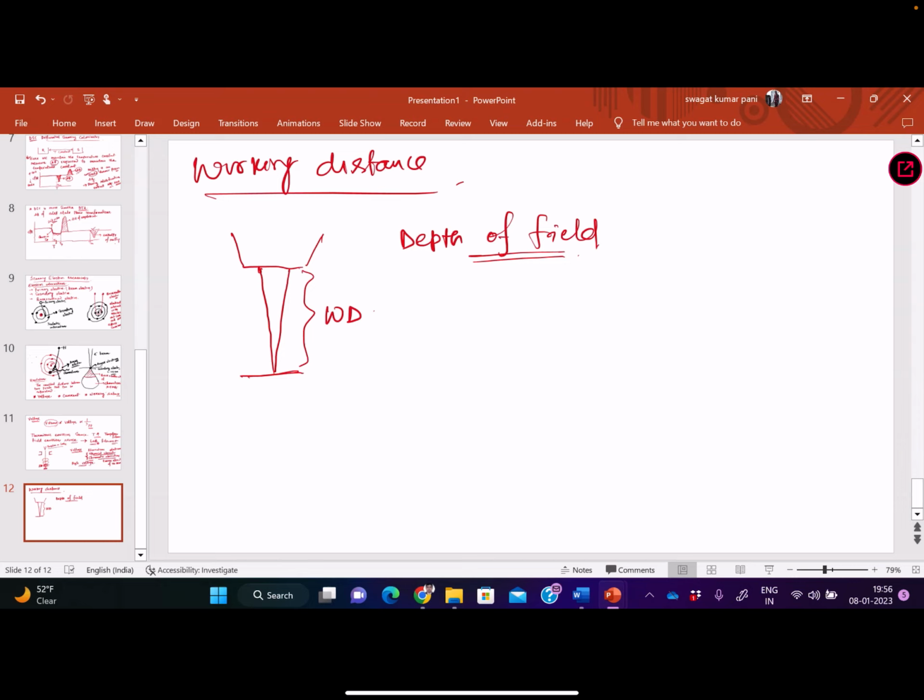If we move this sample from this place further this side or this side, the focus will not change drastically.